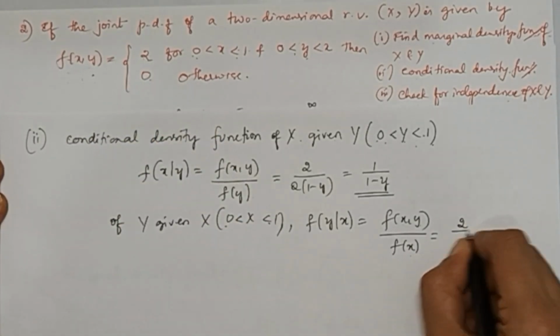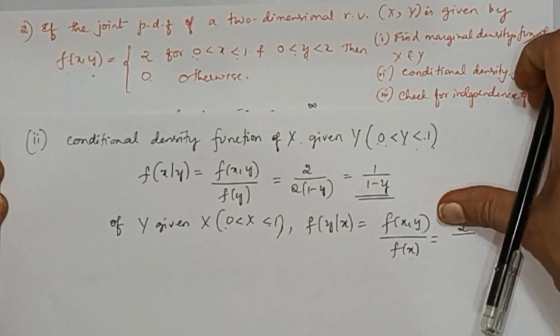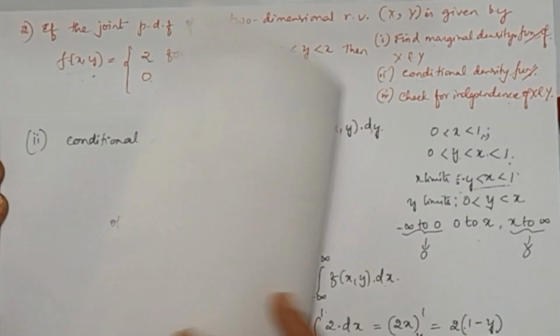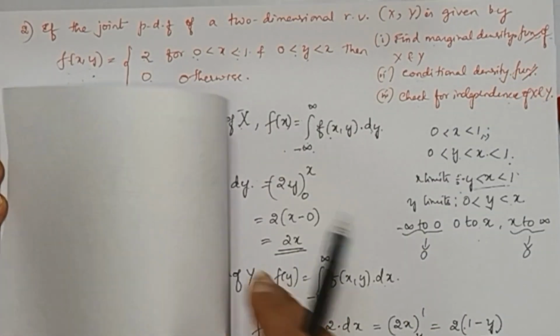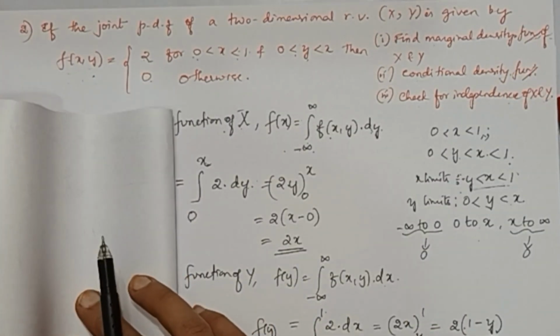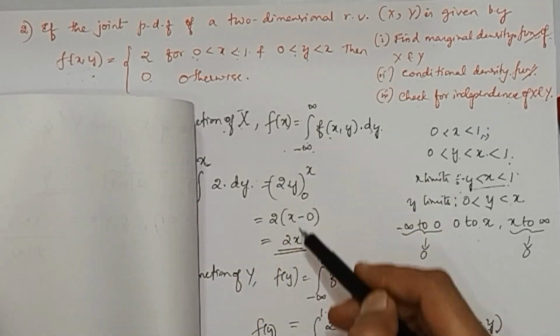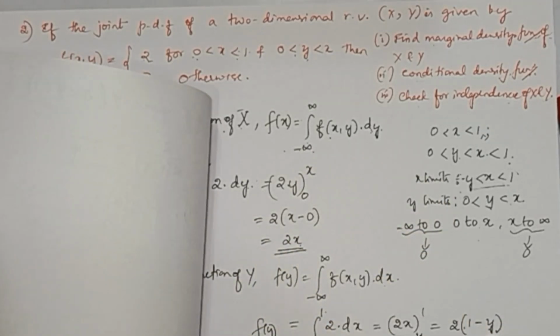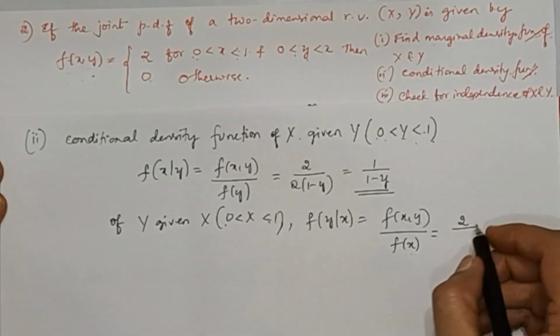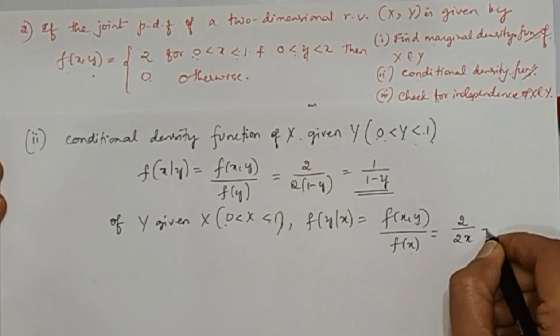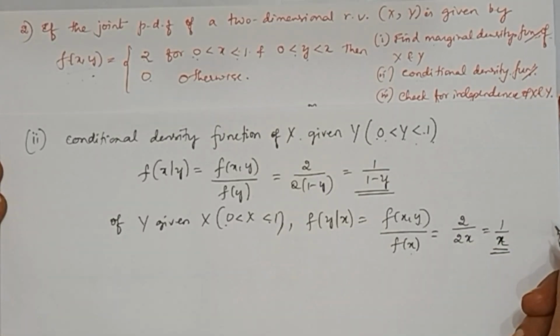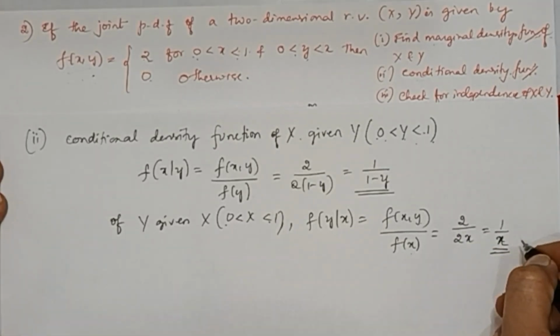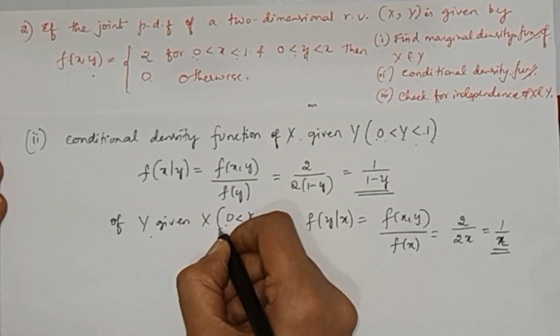So 2 divided by f of x, which we found in the previous problem as 2x. So 2 by 2x cancels, and you will get 1 by x. This is the conditional density function of y given x.